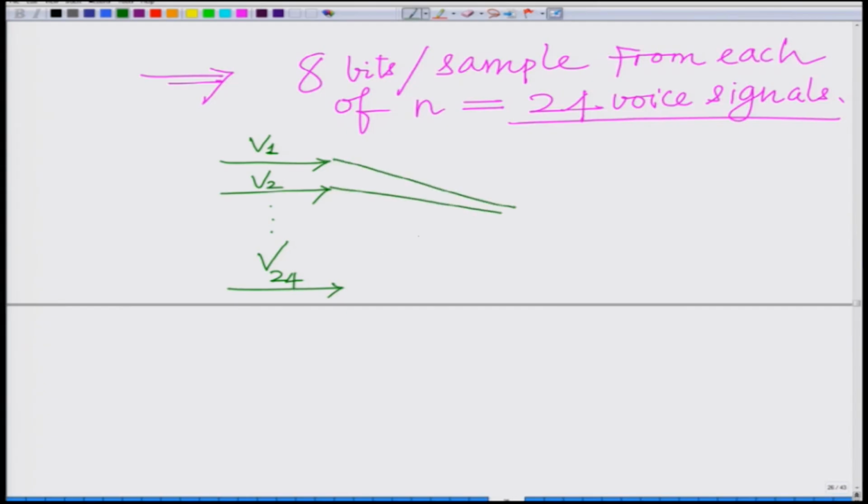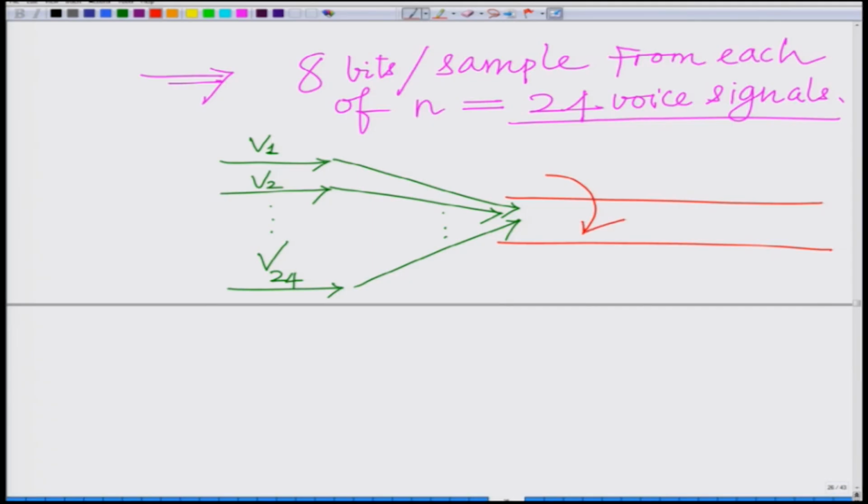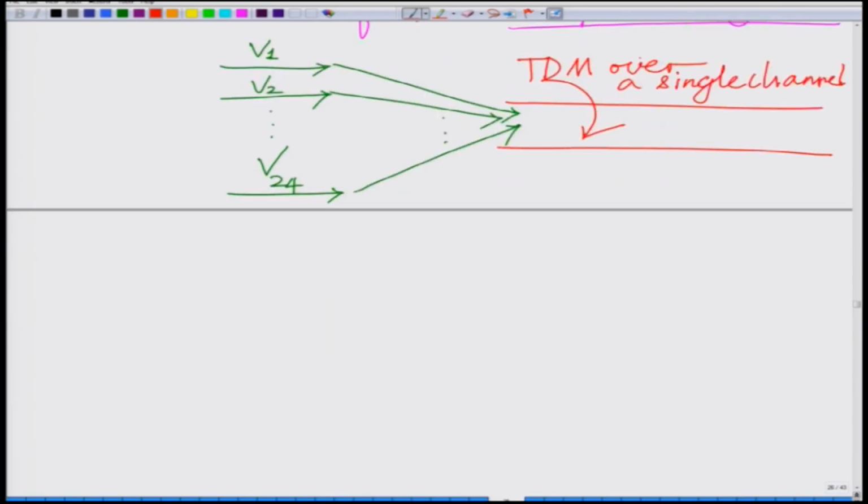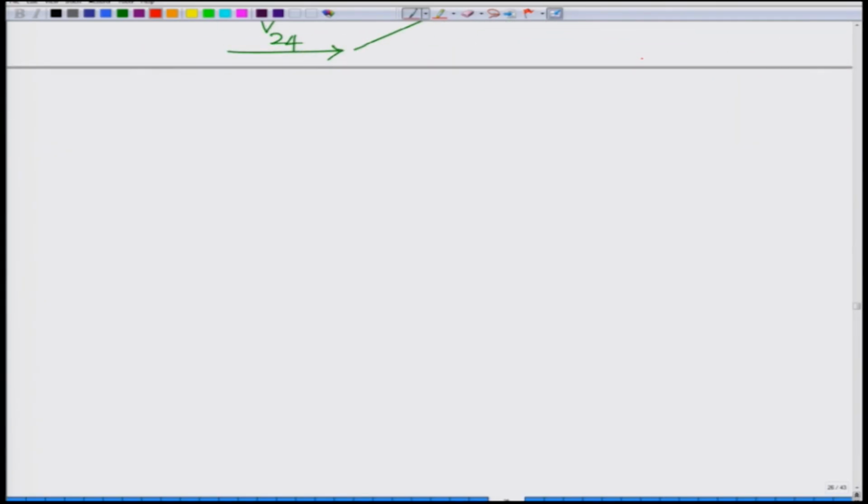All these are multiplexed over a single channel. So, all these are TDM, time division multiplexed over a single channel. Okay. So, naturally, the sampling rate is equal to 8 kilohertz.